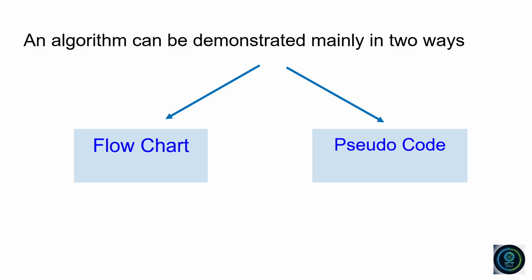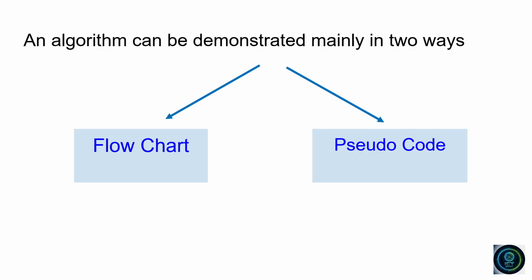I have to remind you of these two things again. An algorithm can be demonstrated mainly in two ways. The first way is a flowchart. It's a visual method, so you can represent your algorithm using symbols in a very clear manner.